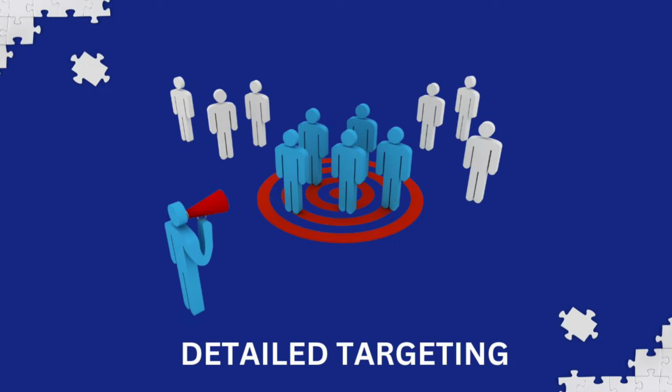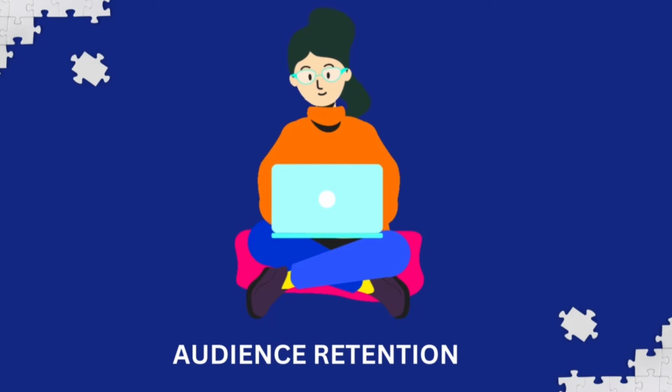All right. Another reason that is worthy of note is the audience retention of Facebook and Instagram. Now it is said that people spend an average of 34 minutes on Facebook and Instagram on a daily basis. That's way more than they do on other social media platforms.